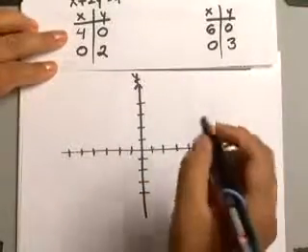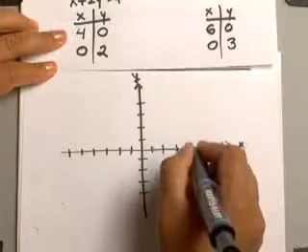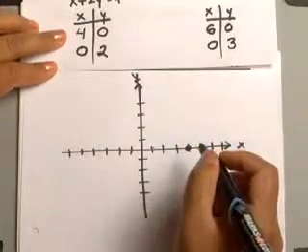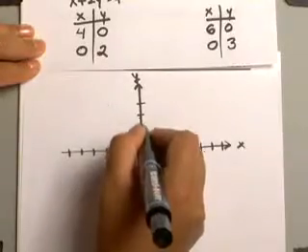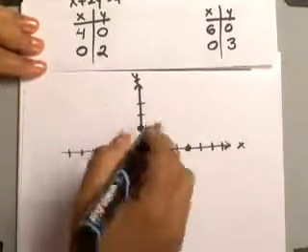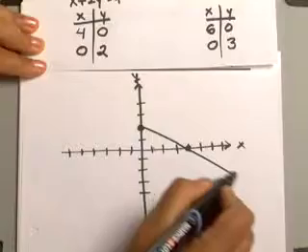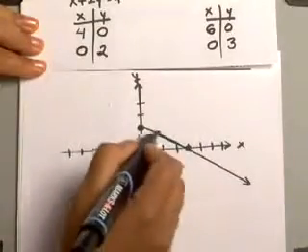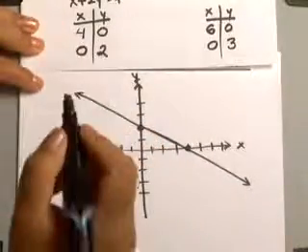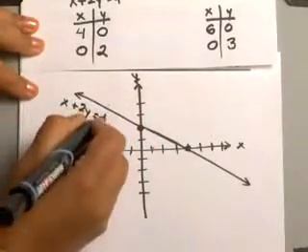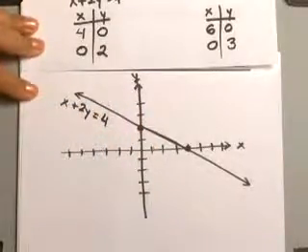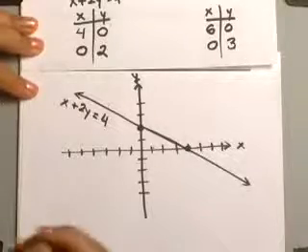Your points are 4, 0, which will be the point right here, and the other one is 0, 2, which will be this point, and let's draw a line through them. Again, don't forget to name your line. So this one was x plus 2y equals 4.